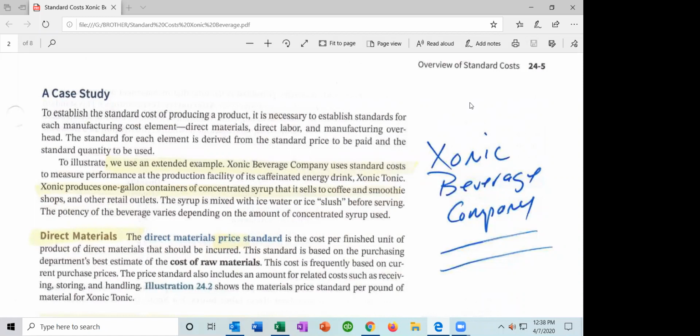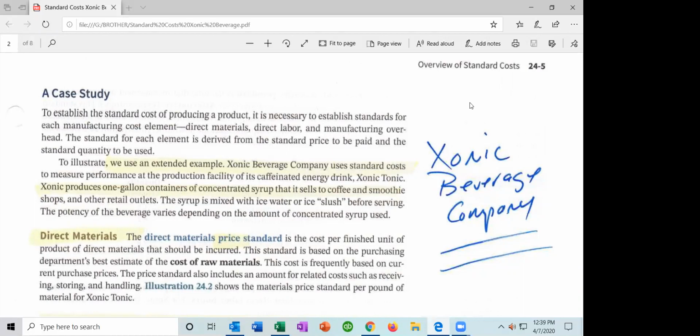The standards tell us what it should cost to make the product. All semester, I've asked you to think about quantity and price. We're going to develop quantity and price standards for this company. Then we're going to look at actual results, and we're going to calculate variances.